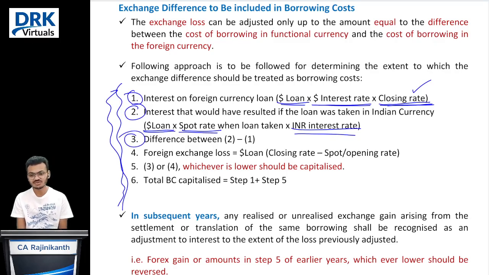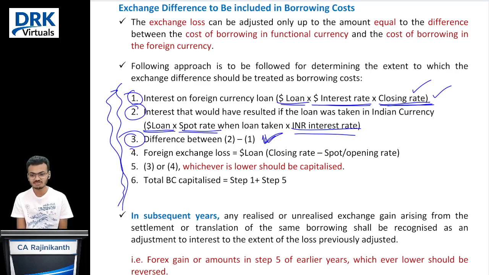And in the third step, you calculate the difference between step 2 and step 1. It means what, sir? It is nothing but interest saving. In step 1, we are calculating interest on the foreign currency loan. Generally, foreign currency loans offer lower interest, correct? However, our functional currency loans are offered at a high rate of interest. So the difference between step 2 and step 1, we can treat as interest saving only.